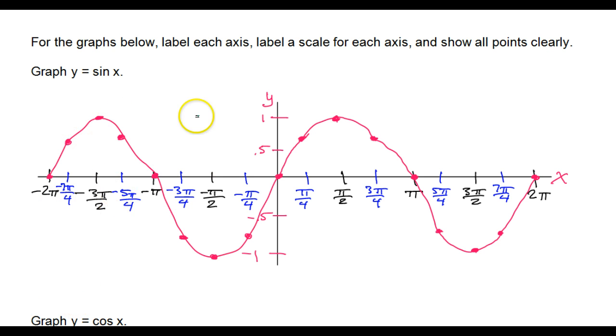Again, not the prettiest graph I've ever done, but you get the idea. This is basically what your sine function is going to look like over this interval. Understand that we could keep going, to 3 pi, 4 pi, 5 pi. This pattern will just continue up, down, up, down forever in both directions, never stopping.